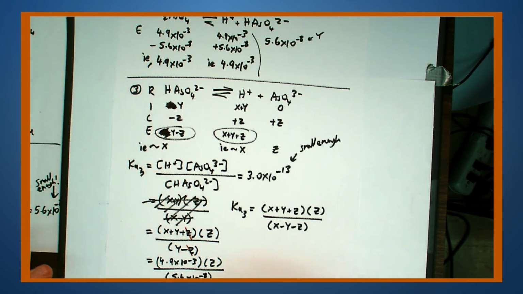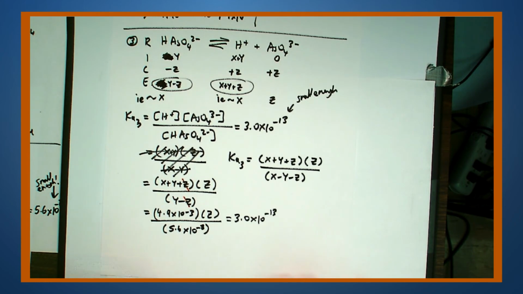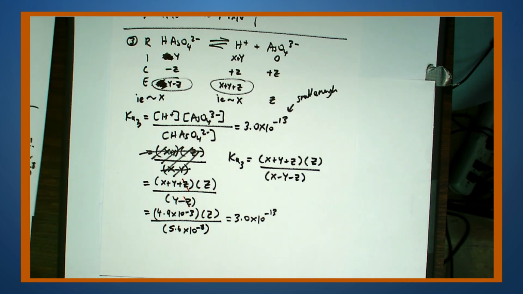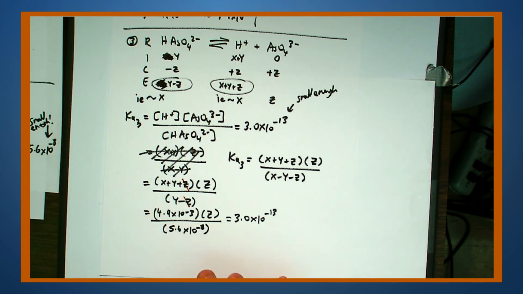So instead of being able to just cancel these two like we could on step 2, we do have to divide them. Well, it's not like that really takes that much work on your calculator, is it? It's not like having to do a quadratic. So there we are. Once we've done that, we've made our approximations, we will finally get our number.